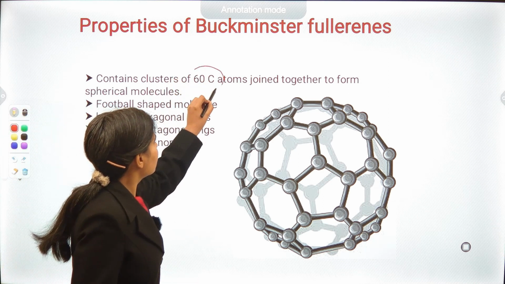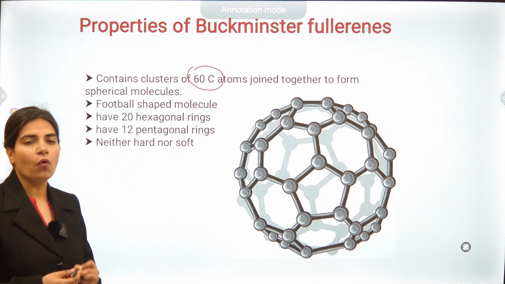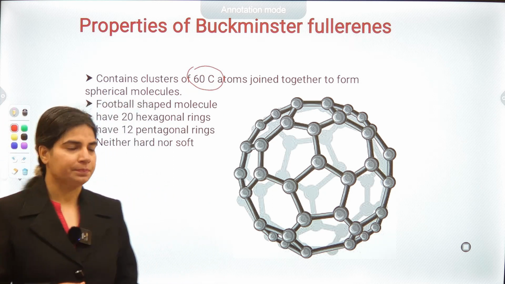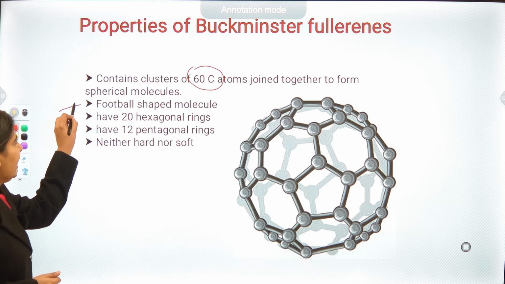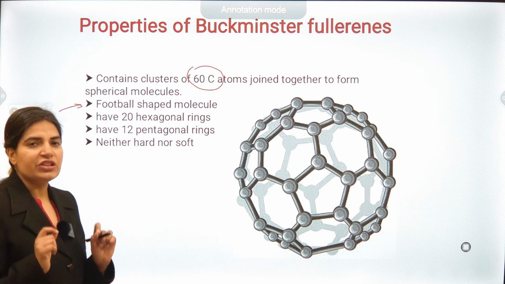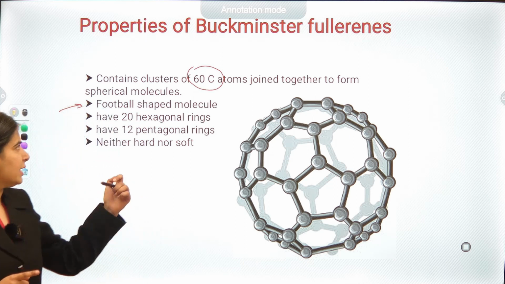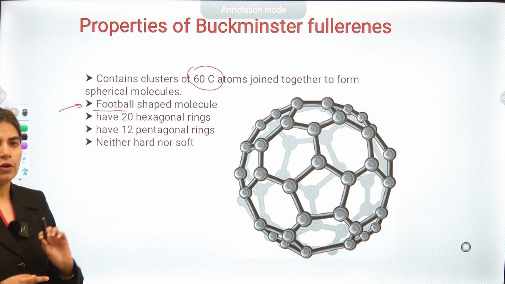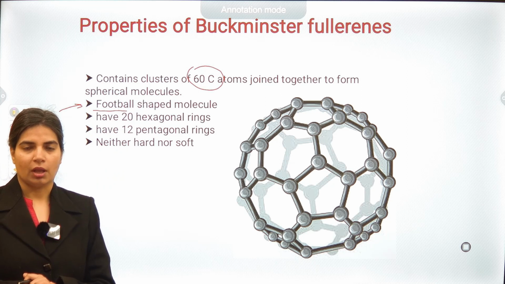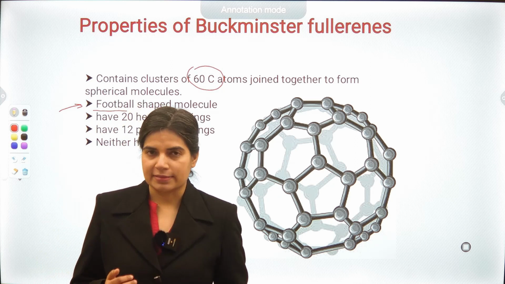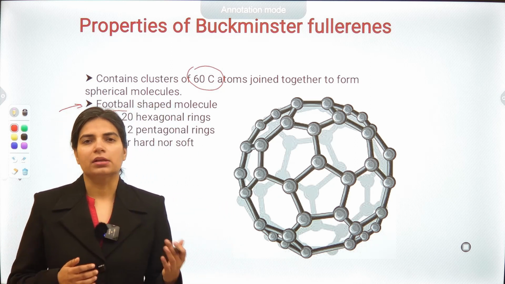There are 60 carbons involved in one molecule of fullerene. Next, the shape of fullerene resembles the shape of a football. Just like a football, it has hexagon rings and pentagon rings.